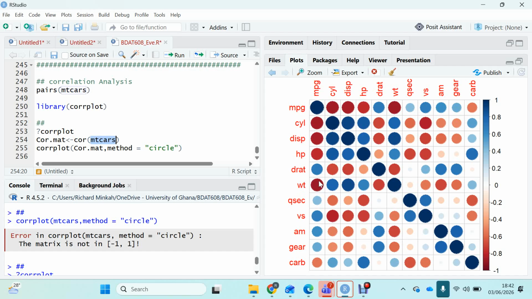Do you remember weight and the MPG? Okay, MPG and cylinder, MPG and displacement. So this is just like what we did the previous one.